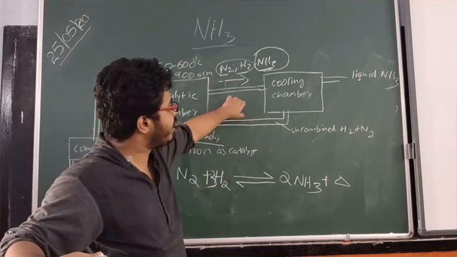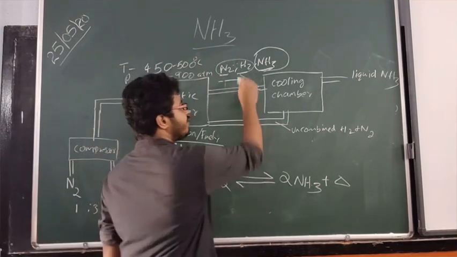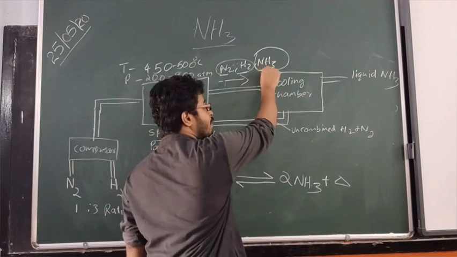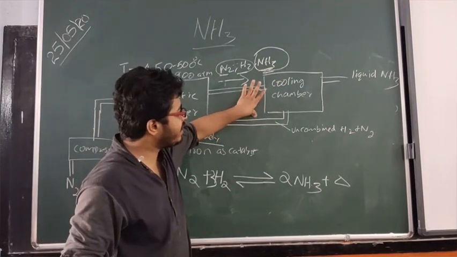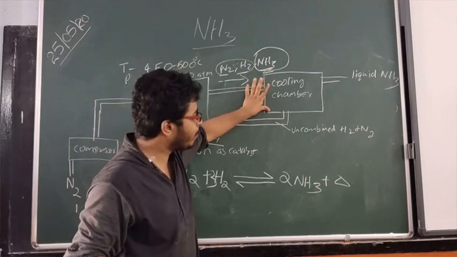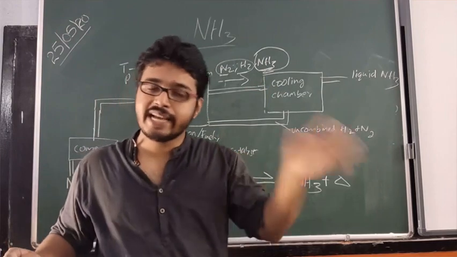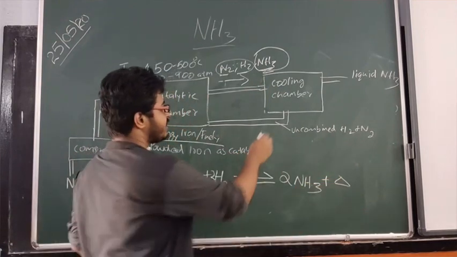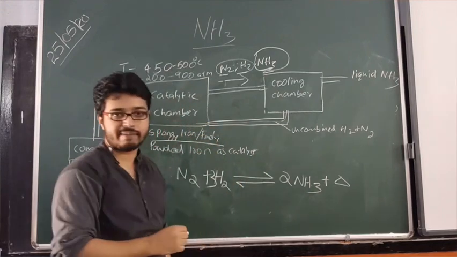So what happens when we cool these three gases is this: out of the three, only ammonia will be liquefied. After passing through the cooling chamber, whatever is obtained in the gaseous form is passed again to the catalytic chamber.